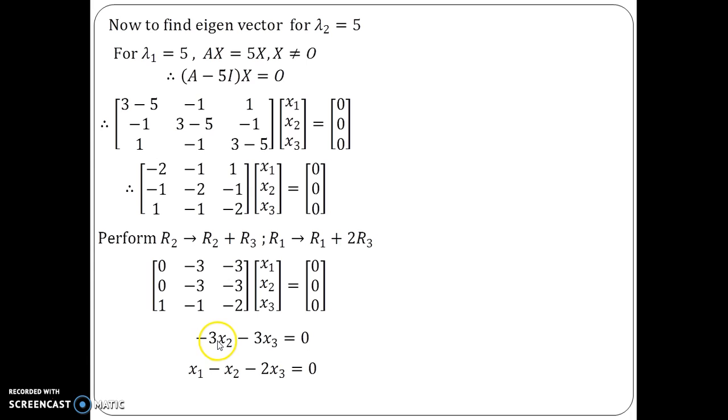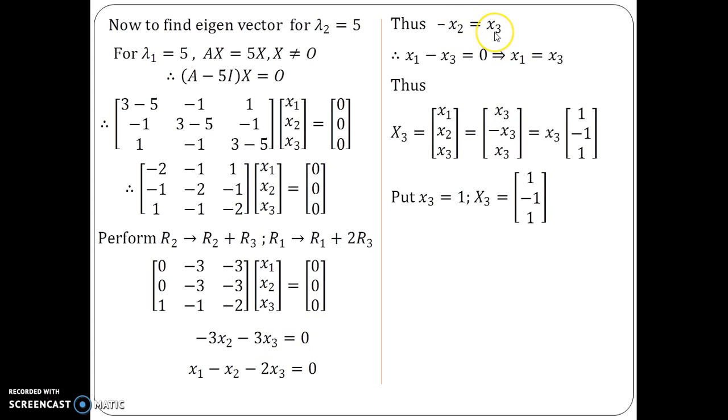From the first relationship, minus x2 equals minus 3x2 equals minus 3x3 equals 0, I obtain minus x2 equals x3. When I plug this relationship into this particular equation, it boils down to x1 equals x3. Substituting the relationships I have obtained into my general eigenvector, the eigenvector becomes x3, minus x3 and x3.